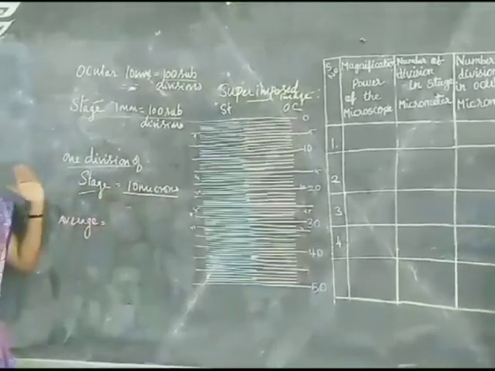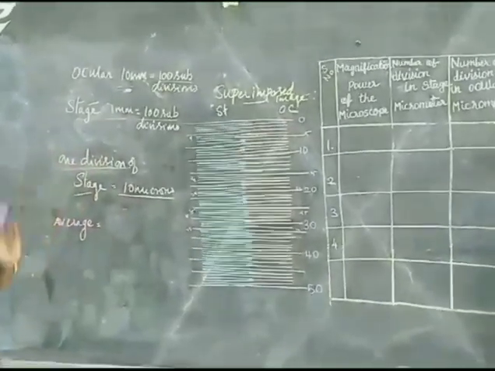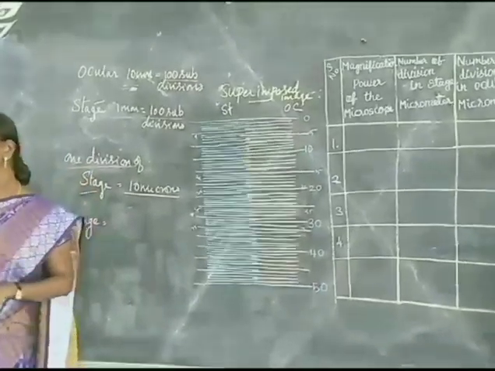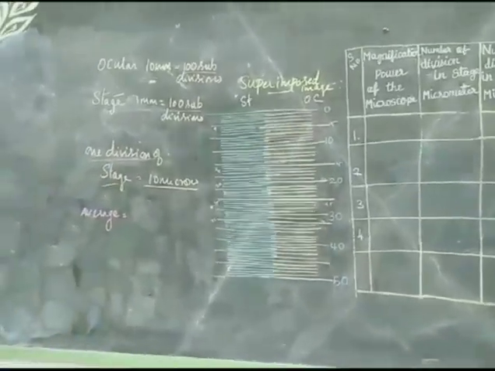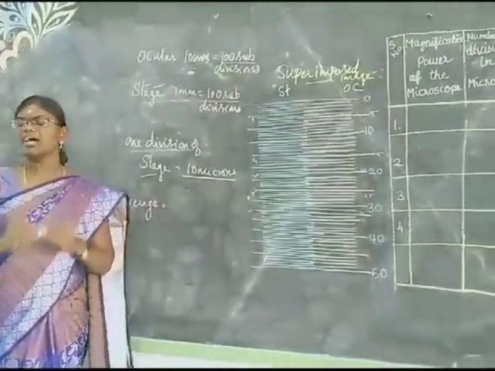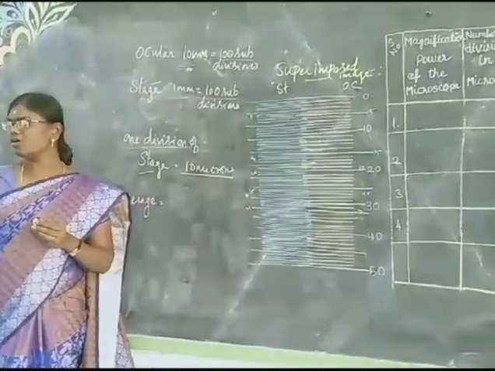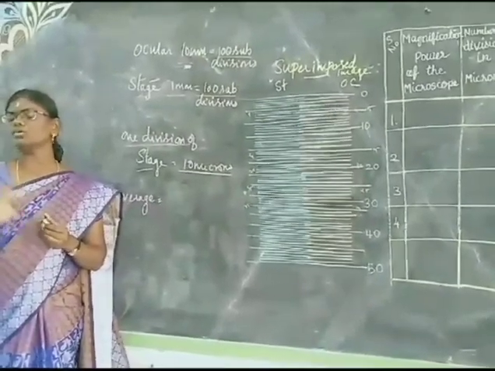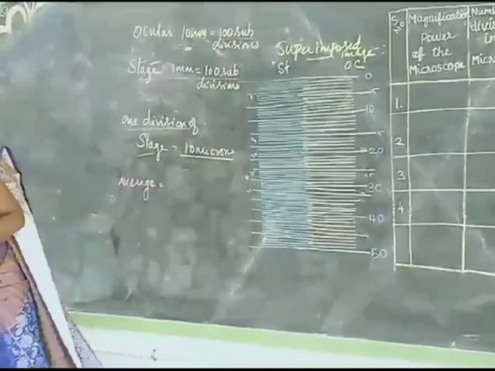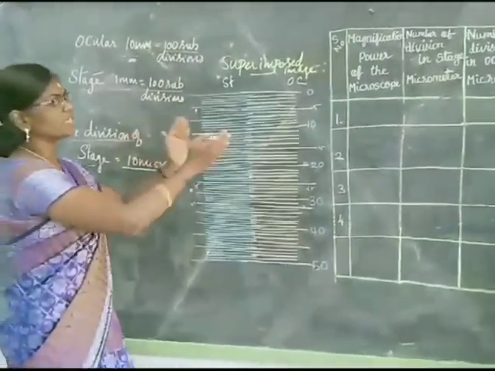For the procedure of doing micrometry, first you need to insert the ocular micrometer inside the eyepiece of your microscope, and in the stage of the microscope you need to keep the stage micrometer. After keeping, you need to superimpose both the images.